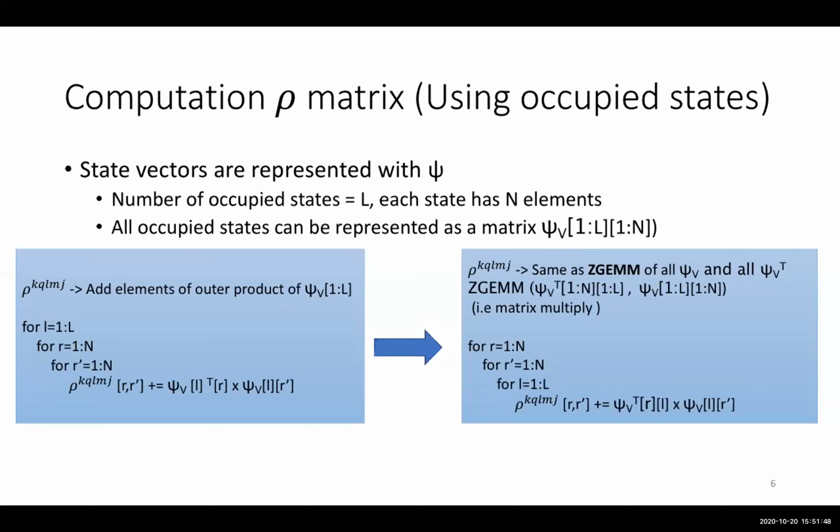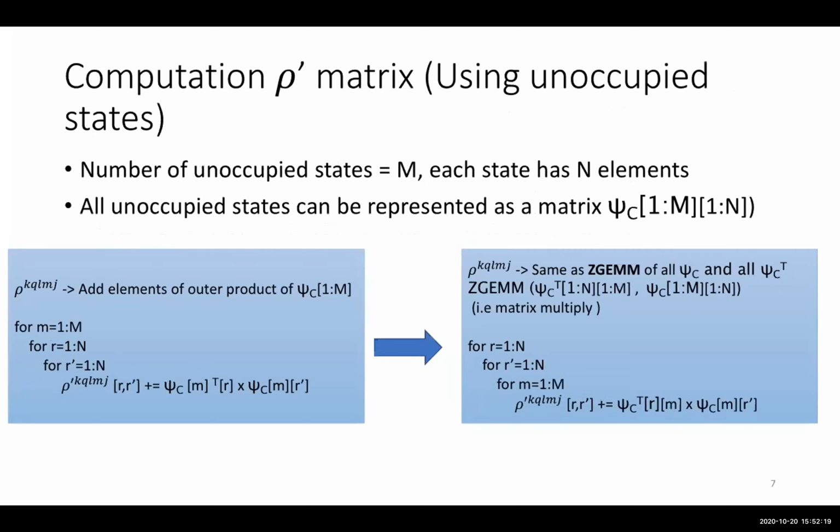We can represent the same computation with a ZGEMM, as you can see on the right side. Primarily, the rho matrix is nothing but a matrix multiply of the L cross N occupied states with another matrix, L cross N transposed, of the same set of occupied states.